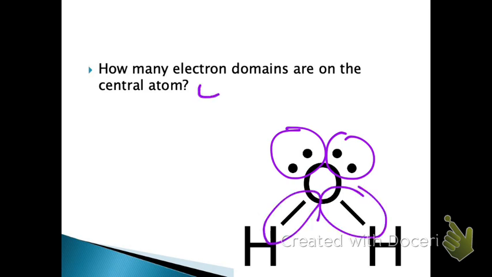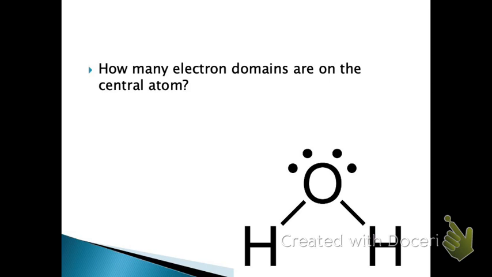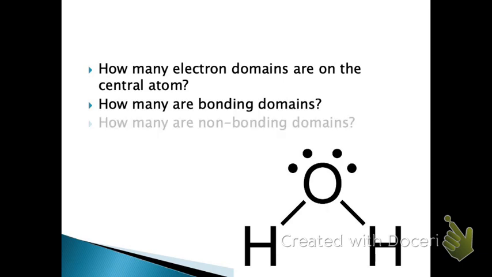Second part, how many of them are bonding domains? Two of them. And how many are non-bonding domains? Two. The lone pairs up here at the top are our non-bonding domains, and our bonded hydrogen atoms are our bonding domains.